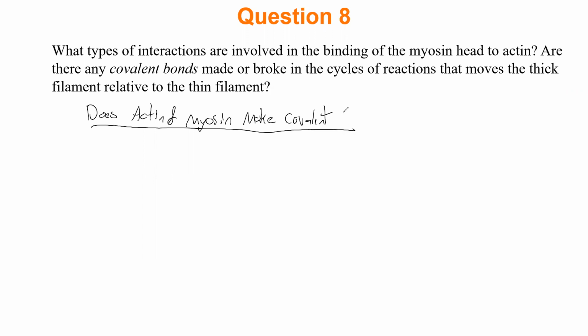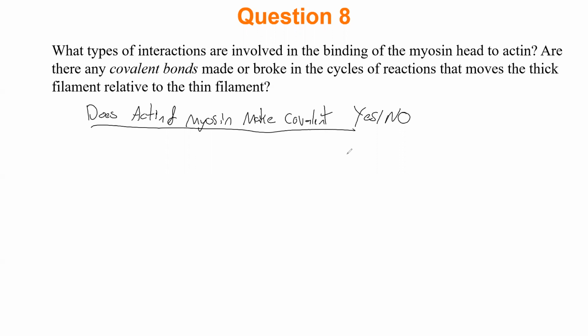When actin and myosin interact with each other, do they make any covalent bonds? Yes or no? Feel free to put that in chat for me. Do you think when actin and myosin are interacting, are they making covalent bonds? What do people think?